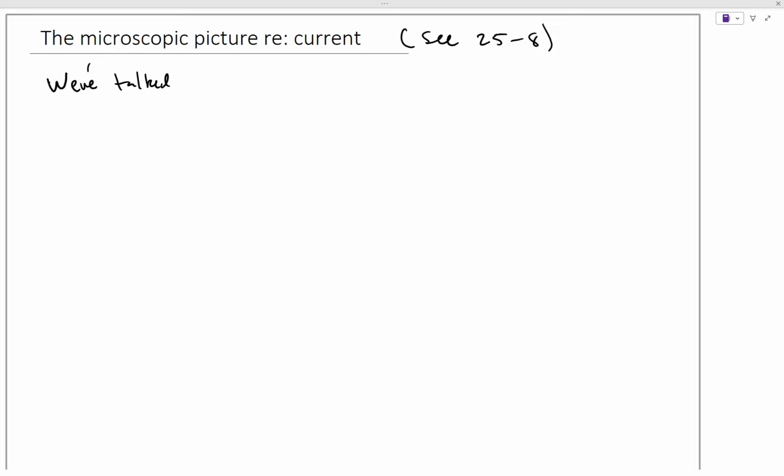So let me try and motivate this in terms of what we've already talked about. We've talked about the macroscopic picture, and what I mean by this is basically Ohm's law: current, voltage, resistance. But none of this is at the level of what's going on with an individual electron.